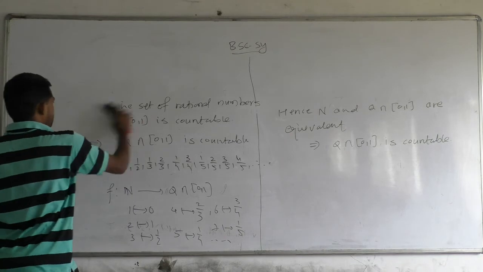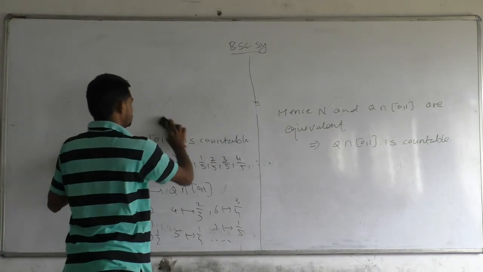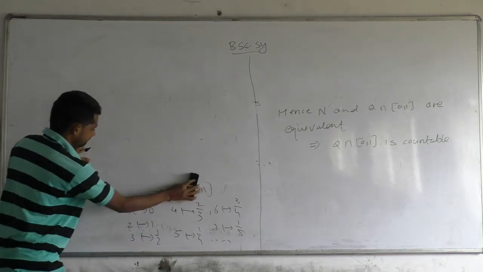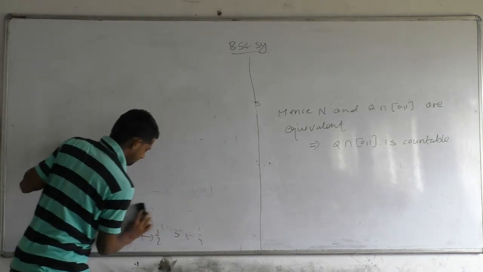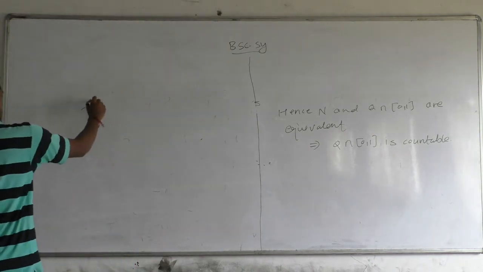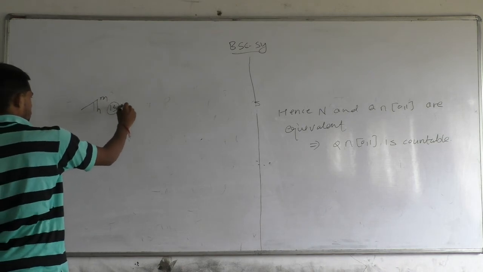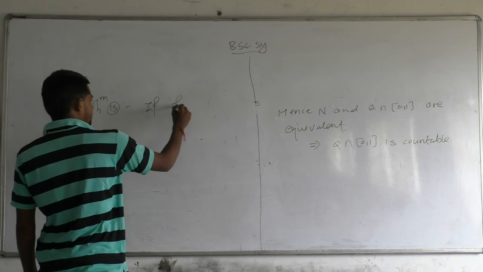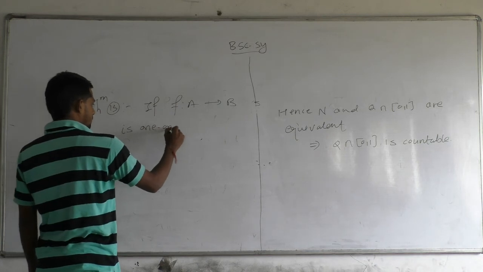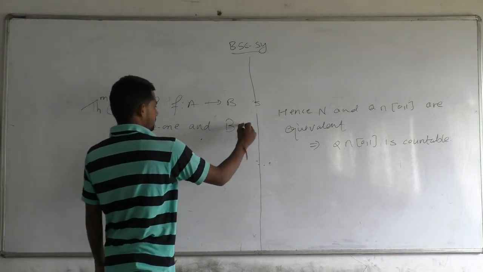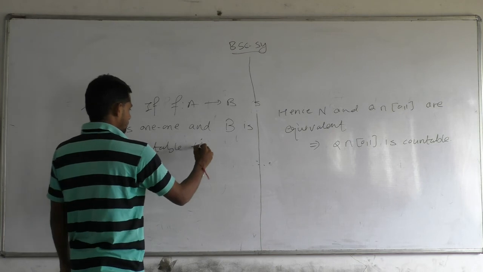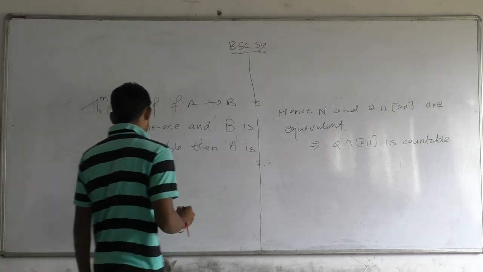Now, theorem 13: if a function f from A to B is 1-1 and B is countable, then A is countable.